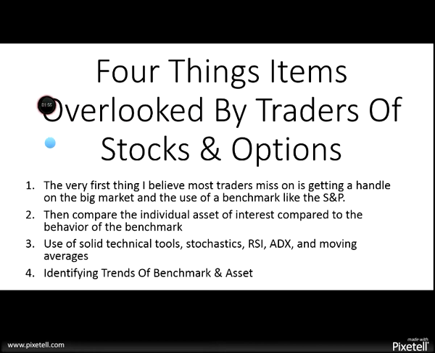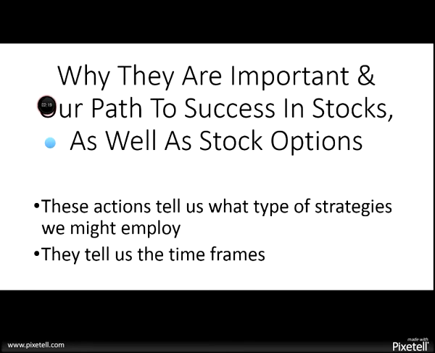I also think we should be using 3, 9, and 18-day moving averages to help us understand support and resistance a little bit better. By using these tools along with technical analysis, we can identify trends of the benchmark and of the underlying asset that we're looking at as well.